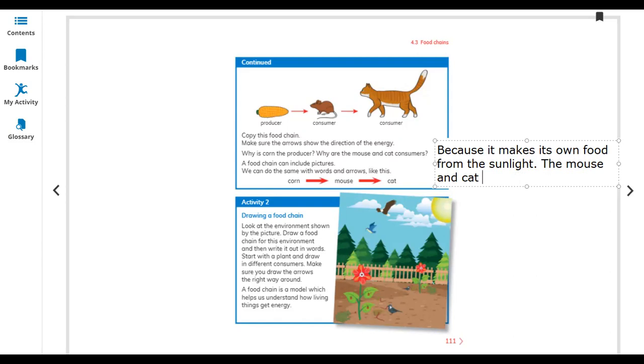They're eating, okay, mouse and cat eat other living things.